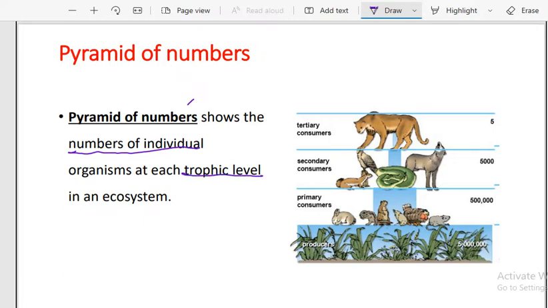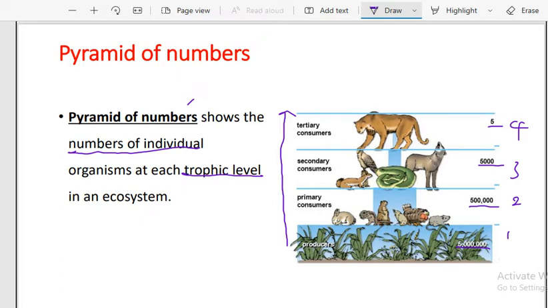So the number of organisms found at each trophic level is called the pyramid of numbers. But it doesn't always have a pyramid shape. Like in this case, it has a pyramid shape. So here you have 5 million producers, 500 primary consumers, 5,000 secondary, and 6 tertiary. So this is the first, second, third, and fourth trophic level. So in this case, it has a pyramid shape, but it doesn't always have a pyramid shape.